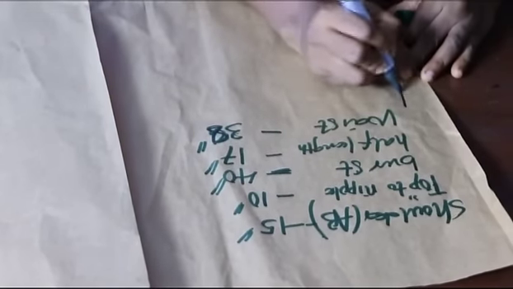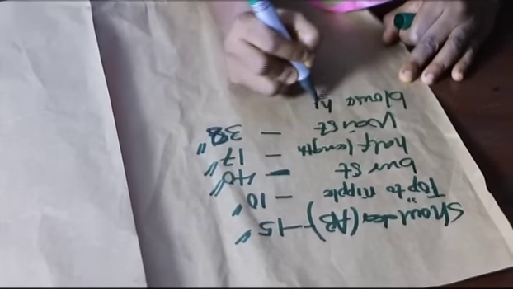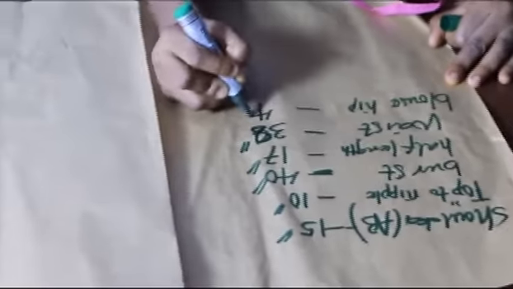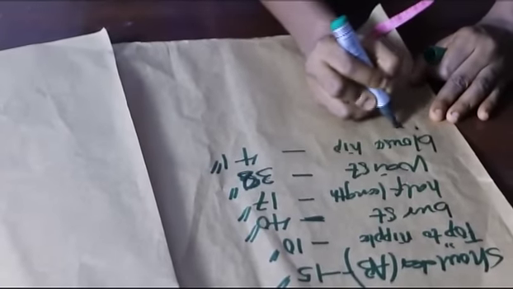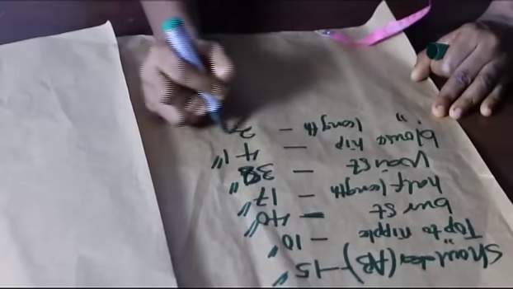Then I'll be using blouse hips or dress hips, whatever you're making. Be using hips. It's 41. Then I'll be using blouse length 24 inches. So it's as easy as A and B and C.